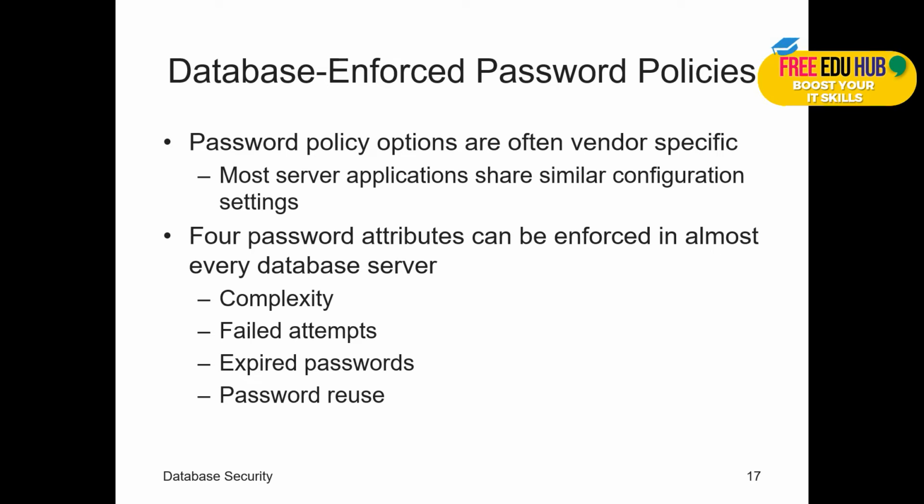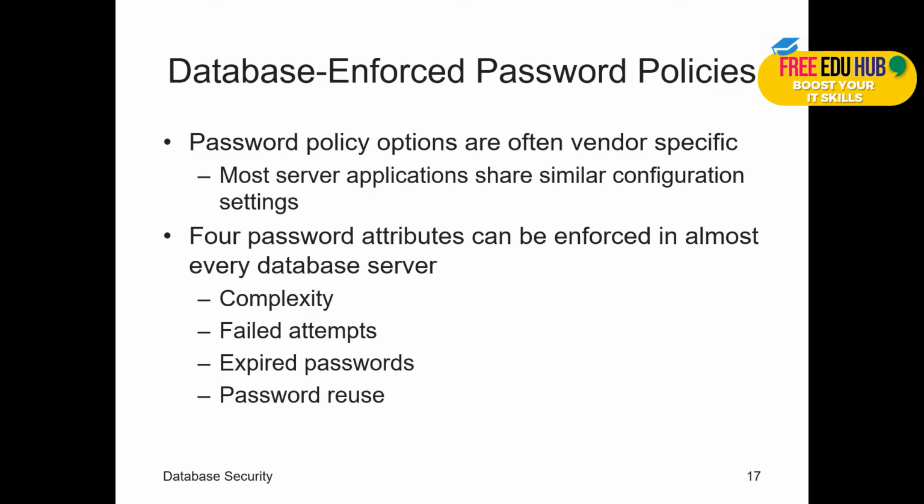Now, password policy options are often vendor specific. Most server applications share similar configuration settings. Four password attributes can be enforced in every database, for example, complexity, failed attempts, expired passwords, and password reuse.